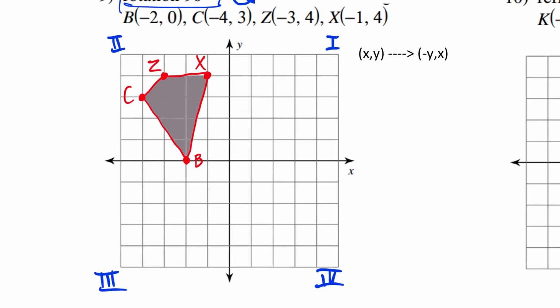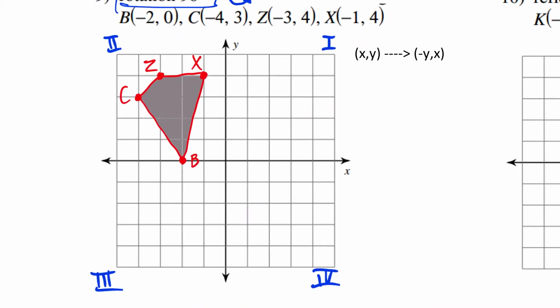Okay, now, let me do this real quick. So what's going to happen is when we do this rotation, starting here, we're going to rotate counterclockwise, and it's going to go a quarter turn to put it right there.